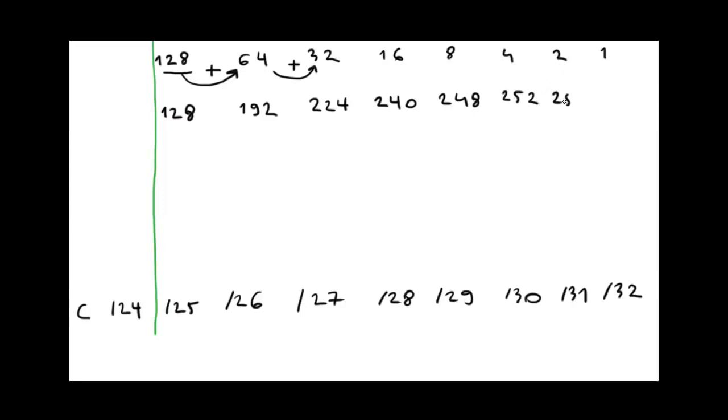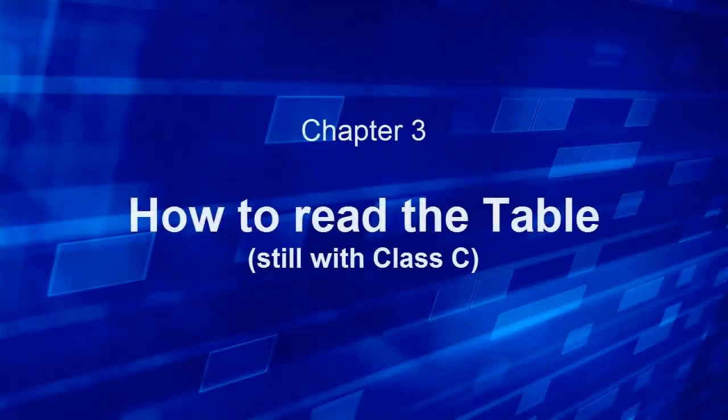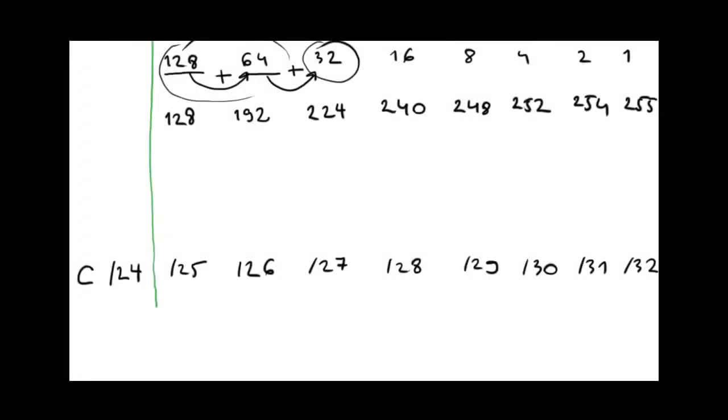Plus 2, 254. Plus 1 is 255. Alright, now we have all the values written down for class C.